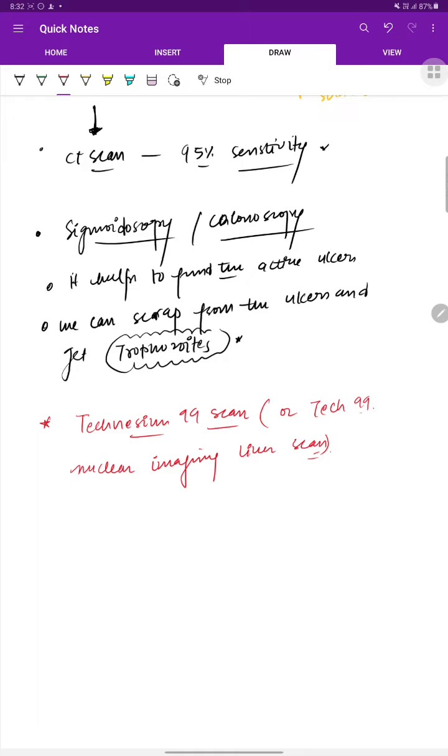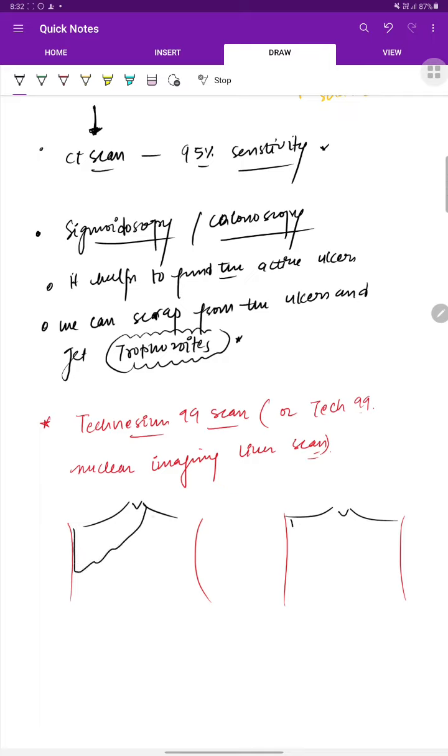It helps in differentiating the amoebic abscess from pyogenic abscess. How? As the amoebic abscess does not contain WBCs, it shows a cold lesion with a hot rim. So when we give this technetium 99, we can differentiate amoebic abscess from this pyogenic abscess.